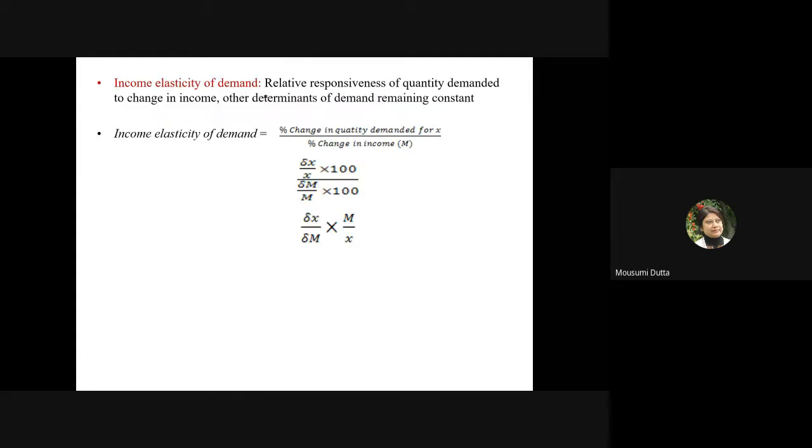It can be positive, it can be negative, it can be equal to 0. If cross price elasticity EXY is equal to 0, in that case, the commodities are not related to each other. Okay, so demand for a cup of morning tea is not related conceptually to the demand for shoe.